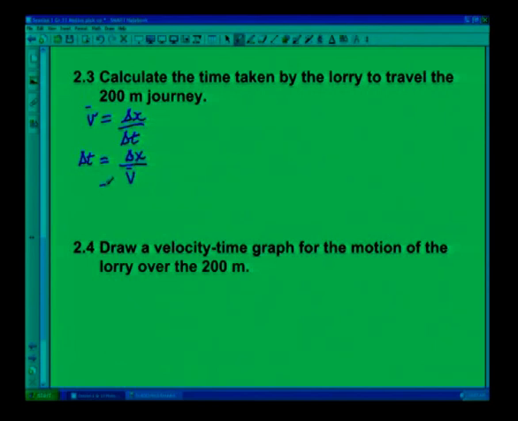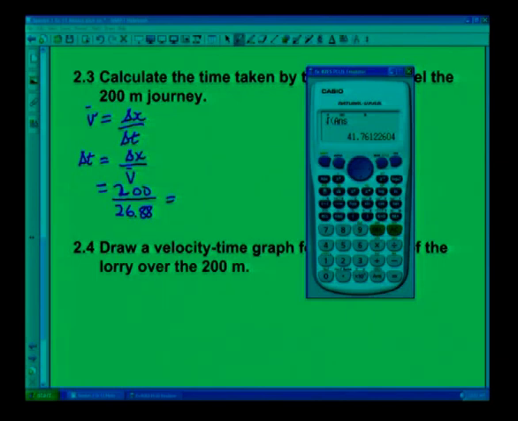And what did we find to be our average velocity? 26,88. So delta x is 200, okay? It's 200 divided by 26,88. That is the average velocity. And what do we get there? Can quickly make use of the calculator.